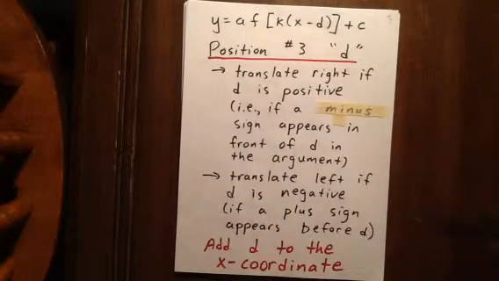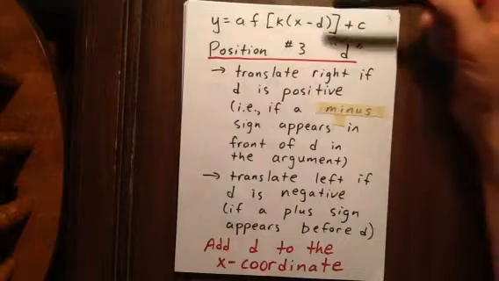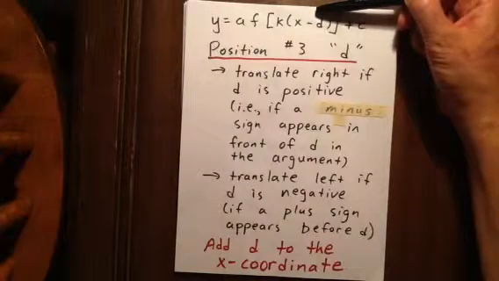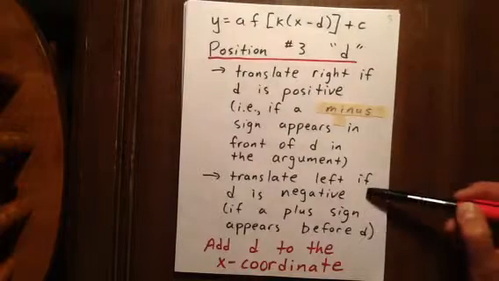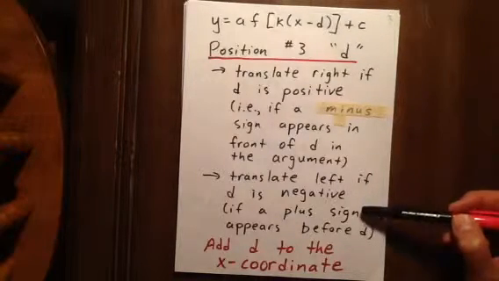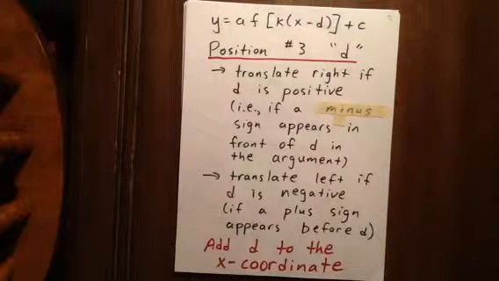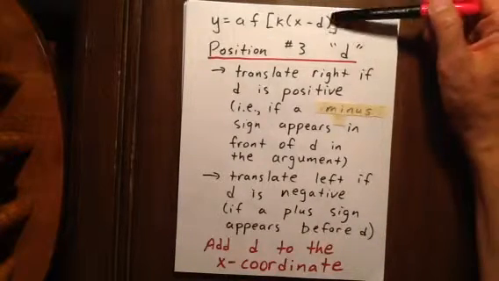On the other hand, I'll translate left if the d value is negative. So if I saw x plus 4 here, I would translate 4 units to the left. In other words, if I saw a plus sign, I'd translate 4 units to the left. That's very similar to what we did with parabolas.